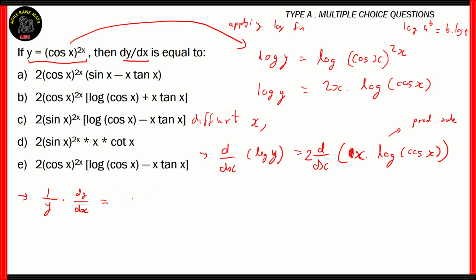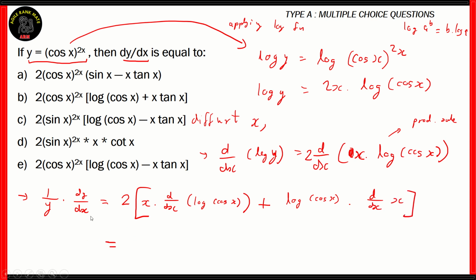Let's look at the right hand side. 2 goes out since it's a constant coefficient, and now we apply the product rule. So it'll be x times d by dx of log of cos x, plus the second function, log of cos x, times d by dx of x.